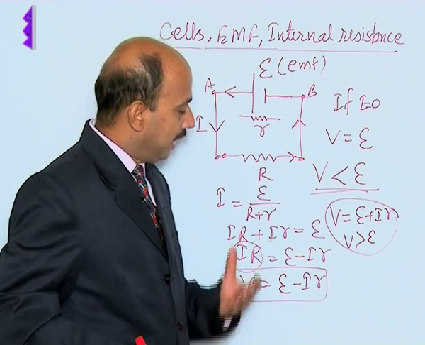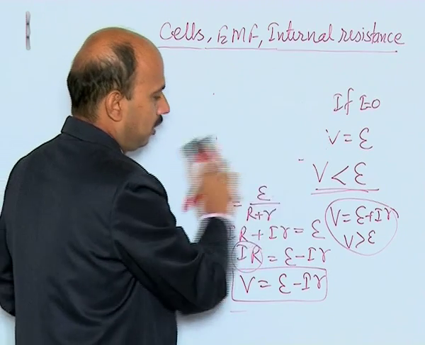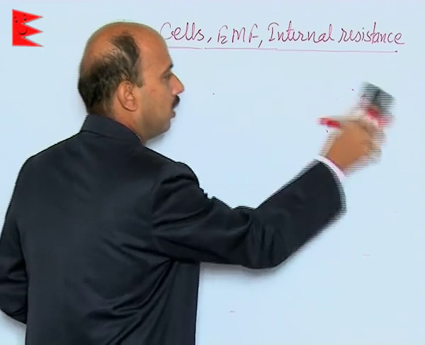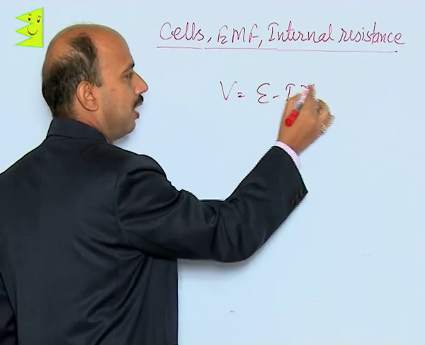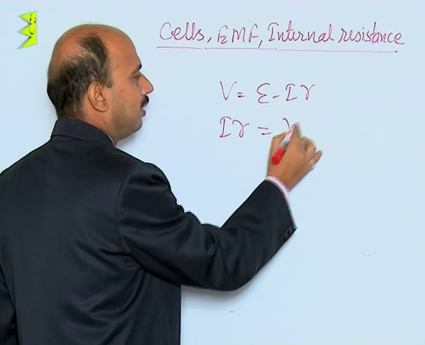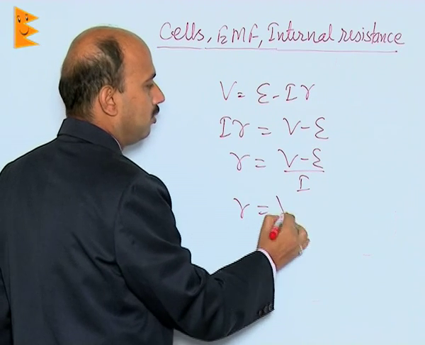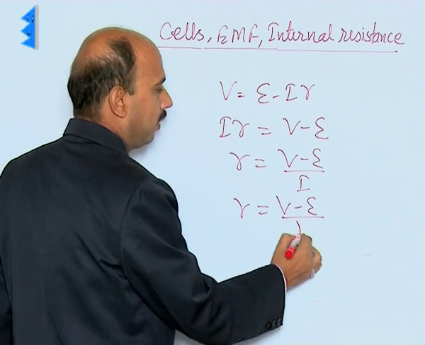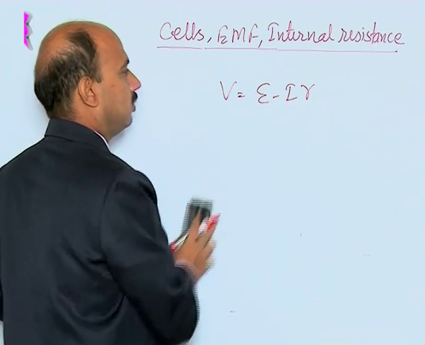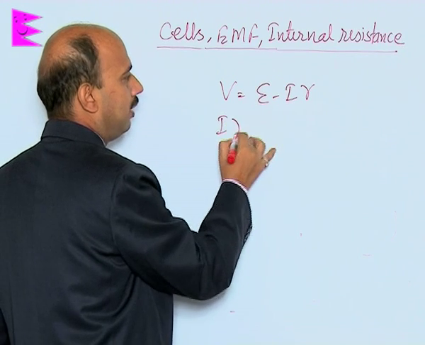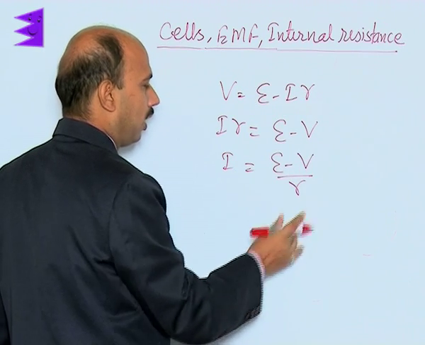Now we can calculate the expression for internal resistance also. We know the formula V is equal to EMF minus Ir. So, we can write Ir is equal to EMF minus V, so I is equal to EMF minus V upon r.